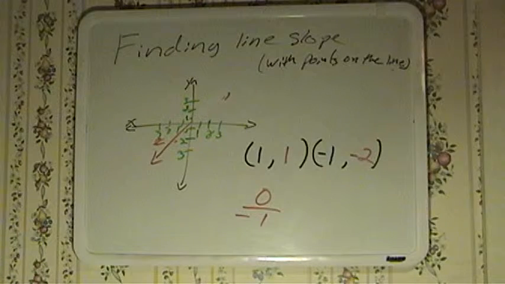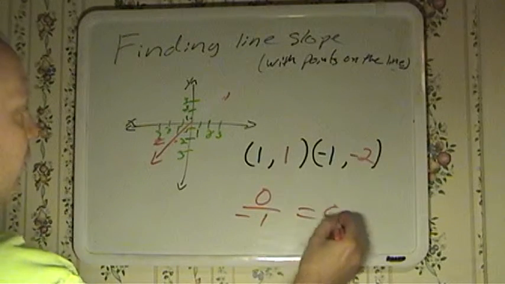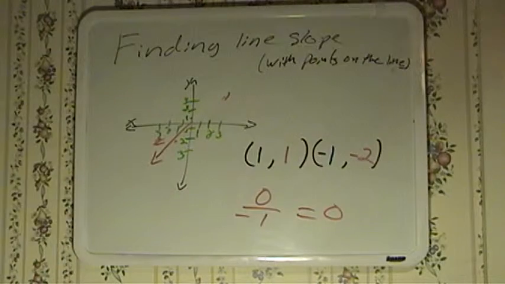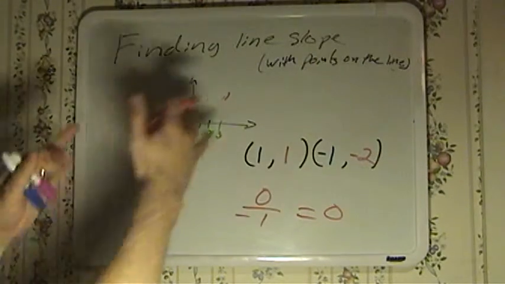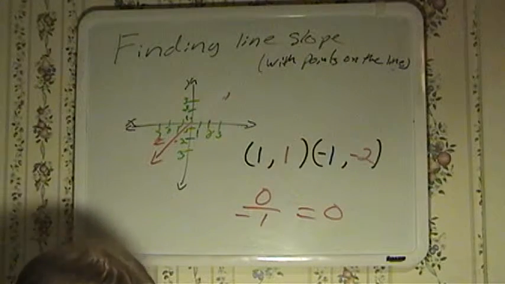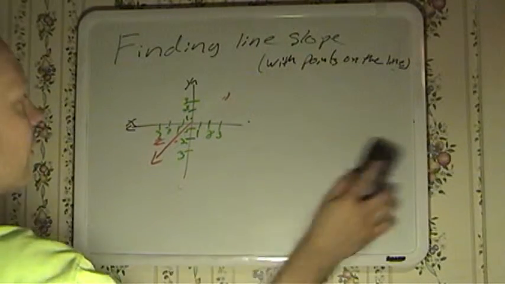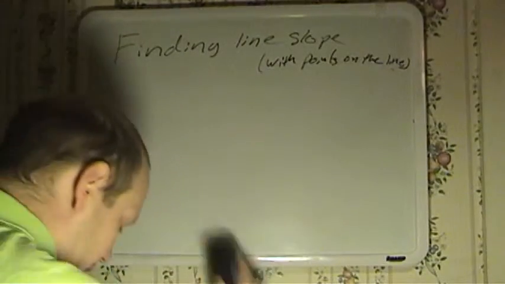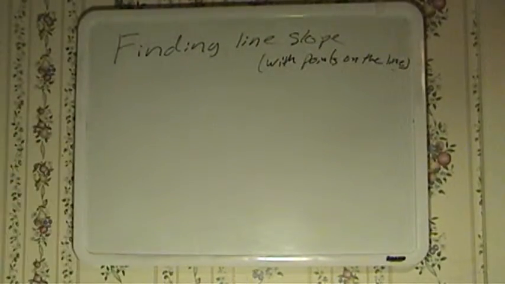Now 0 divided by 1, anything divided by 1 will give you 0. This is not a zero slope line though. There is such a thing as a zero slope line, but this is not one. So we'll do another one with some different numbers and the drawing to a different scale.